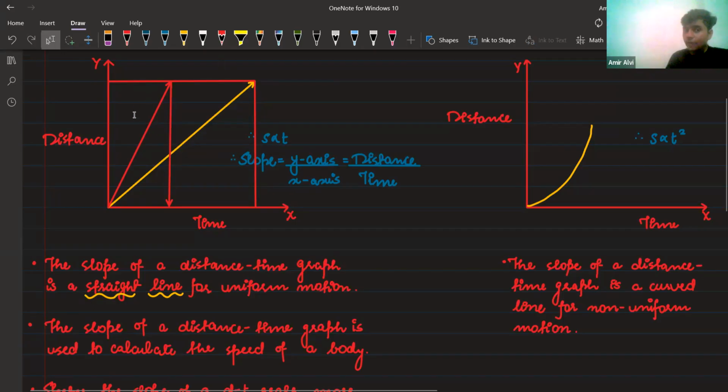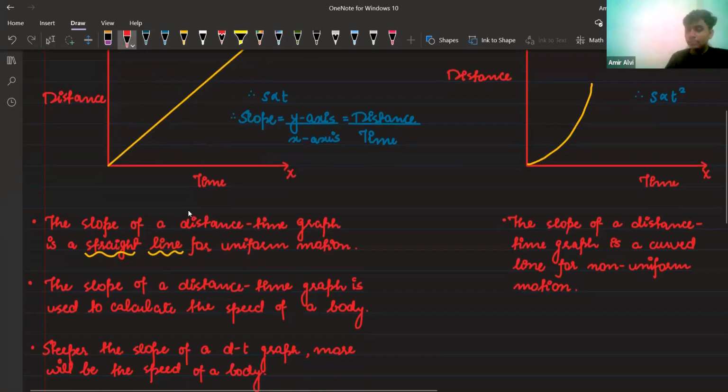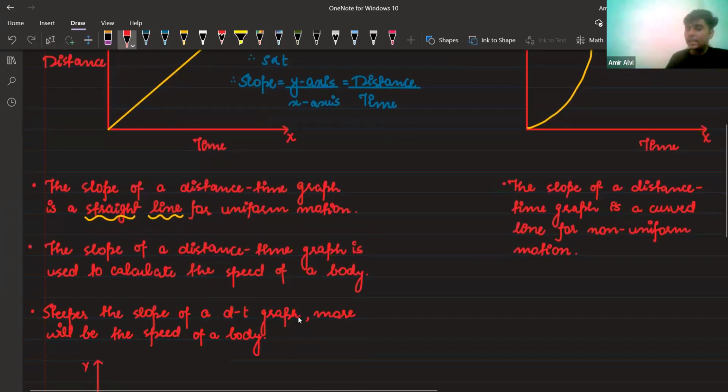That means this graph is steeper, it's much more like towards the 90 degrees. Yes, sir. So when the slope is steeper, that means away from the time axis more, the more speed the body will have. Did you get my words? That means the steeper the slope of distance time graph, the more will be the speed of the body.